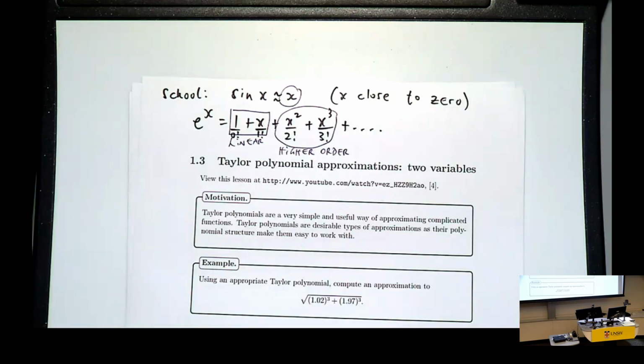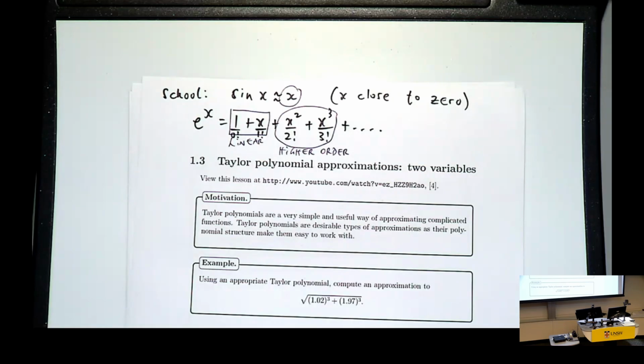So this is a very common kind of question for this course. Use an appropriate Taylor polynomial, compute an approximation to this mess, okay? So what we're trying to do is use a tangent plane, at least in this case, to approximate some highly nonlinear function that is not so easy to work with.